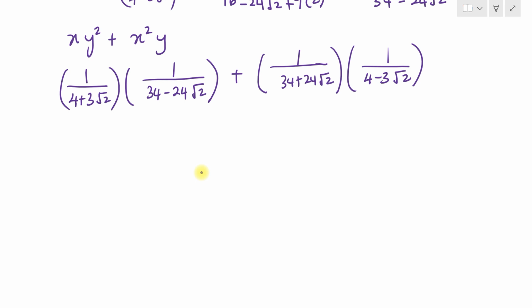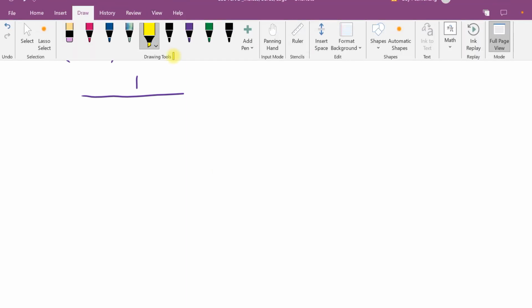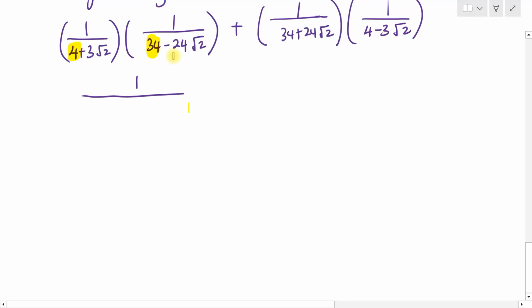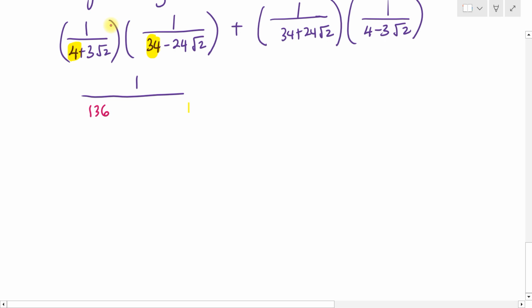Alright, we try to do the multiplication first. 1 times 1 is 1. Okay, this is going to be very lengthy, 4 marks, no wonder. Okay, so I multiply the 4 with the 34 first. 4 times 34 is 136.